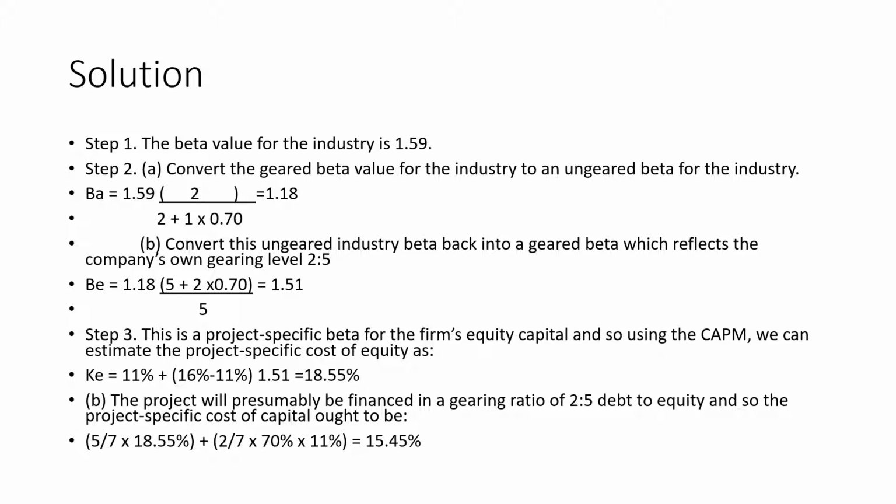BA equals 1.59, open bracket, value of equity in the industry is 2, divide value of equity is 2 plus value of debt 1 less tax, equals 1.18. Convert this ungeared industry beta back into a geared beta which reflects the company's own gearing level 2:5.